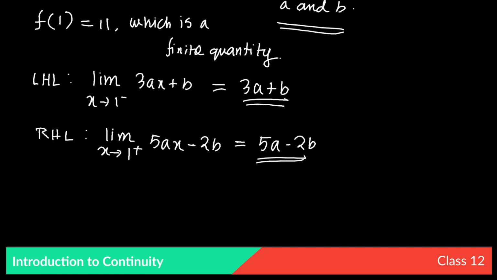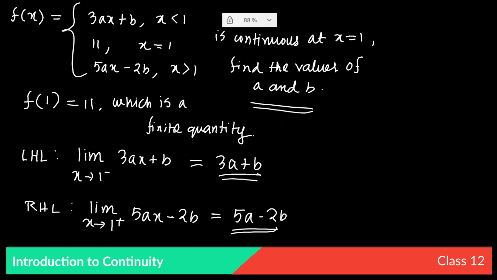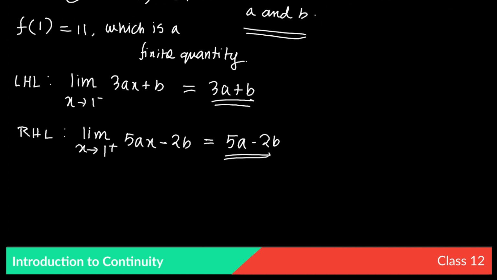Now in the question, since it is told that f(x) is continuous at x equals 1, that means LHL will be equal to RHL equal to f of 1.